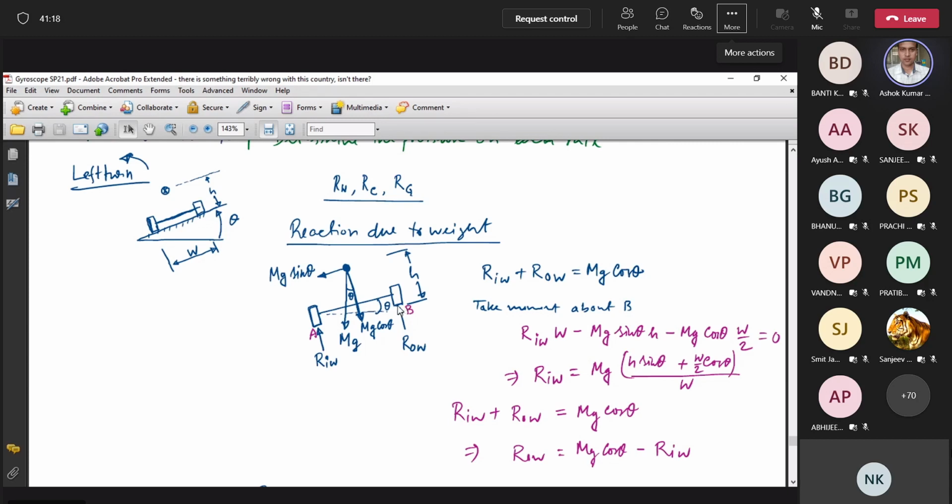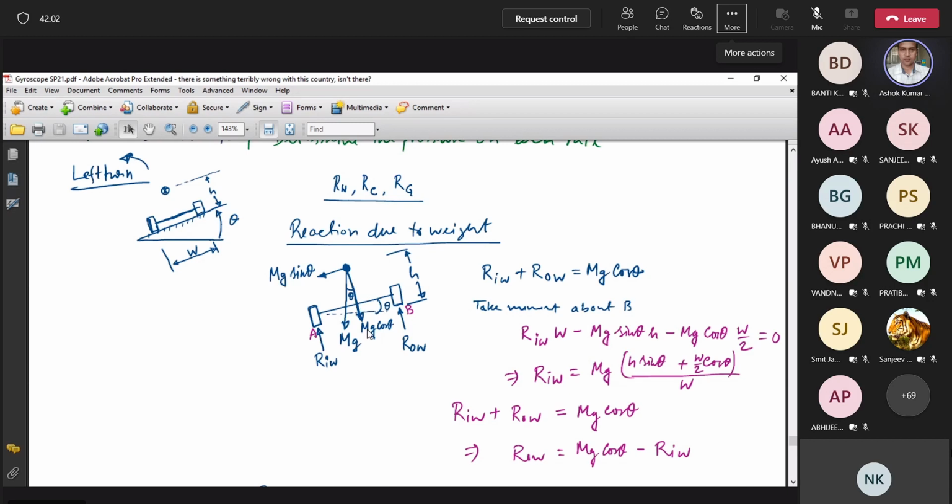In the center of mass, the weight is acting downward. It has two components in two perpendicular directions. Now if we take moment of all the forces about this point B, the reaction RIW multiplied with the distance W between the two wheels acts in this direction. And mg sine theta multiplied with this distance is a moment acting in the opposite direction.